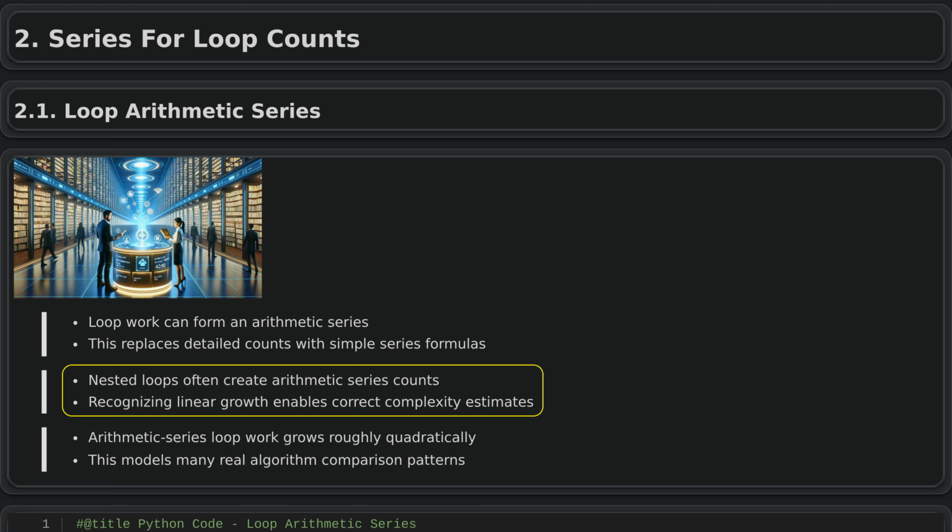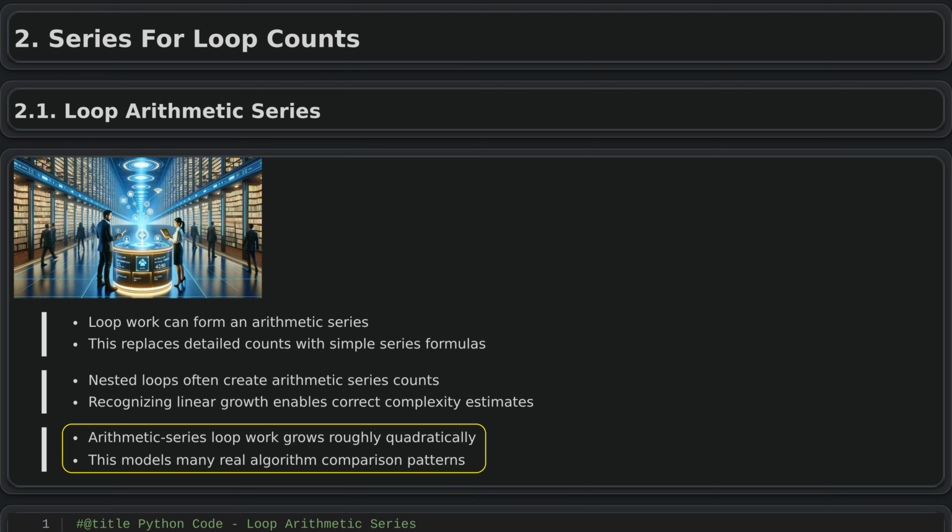estimating the algorithm's complexity. When a loop's work forms an arithmetic series, you can analyze its growth without tracking every single iteration. Because the work per step increases in a straight line, or linear, way, the total work grows roughly with the square of the number of steps.